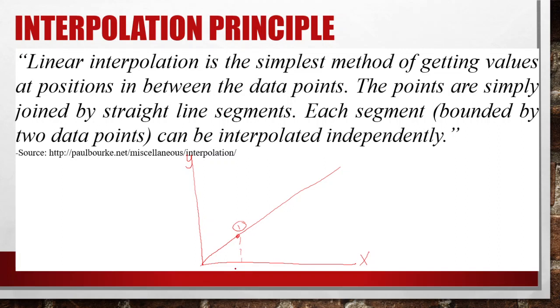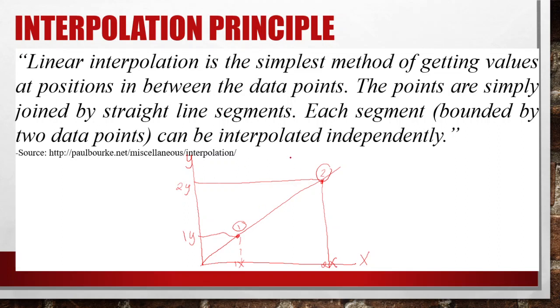The first point is 1x and 1y coordinate. The second point is 2x and 2y. So these are the first two values that are given.